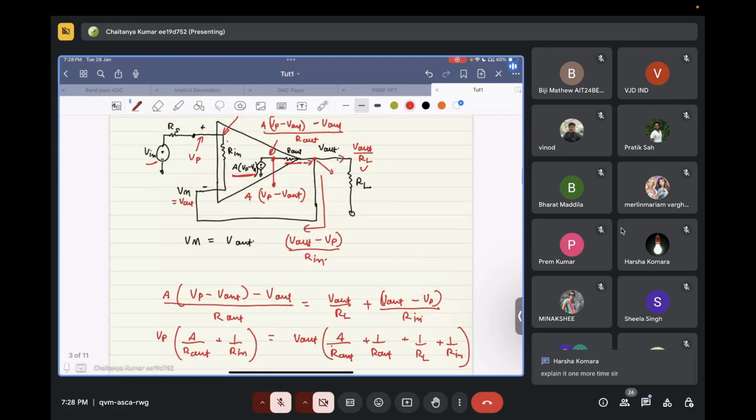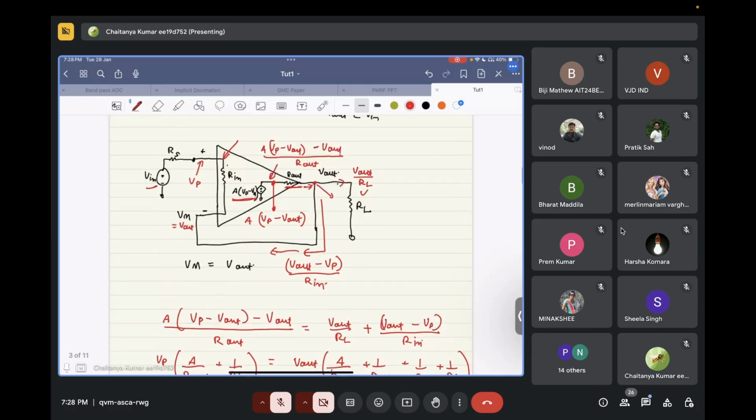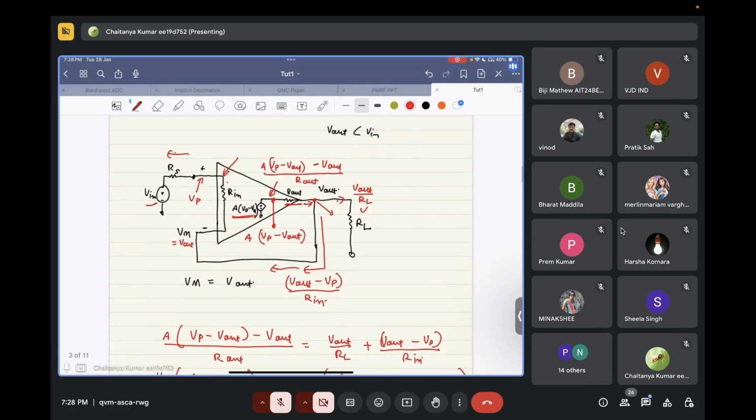Now, what is this current that we found out? This current over here can also be written as Vp minus Vin by Rn. Correct?